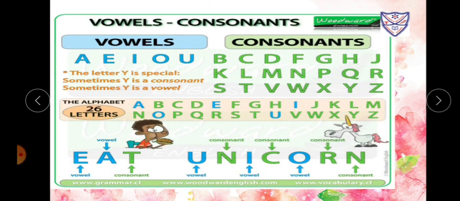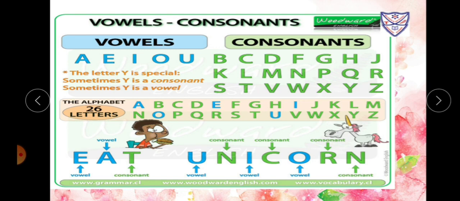Now in this picture you can see vowels and consonants. Out of 26 letters we have 5 vowels. They are A, E, I, O and U, and the remaining letters are the consonants. Now what is the meaning of consonant, or what are the consonants?